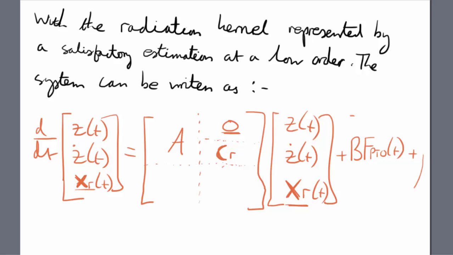And we can see here that the only difference, besides the x of r at the bottom, is that the derivative z dot is equal to the original hydrodynamic system, but we've also got another term here of Cr by z dot, and if you go back to the previous slides, you'll find that that is the radiation force.